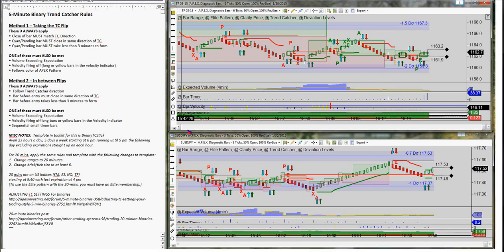So for me, I'm just going for the closest out of the money I can. Say it's at 45. Well, that's really at the money, but I'm going for it. Other people have been going at the money and in the money, and they're having luck. I just personally don't like to put that much at risk in a 5-minute when they can turn around and get you.